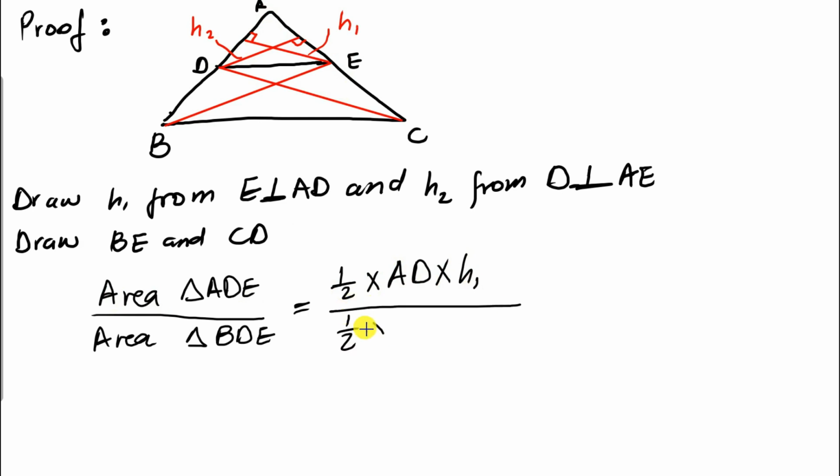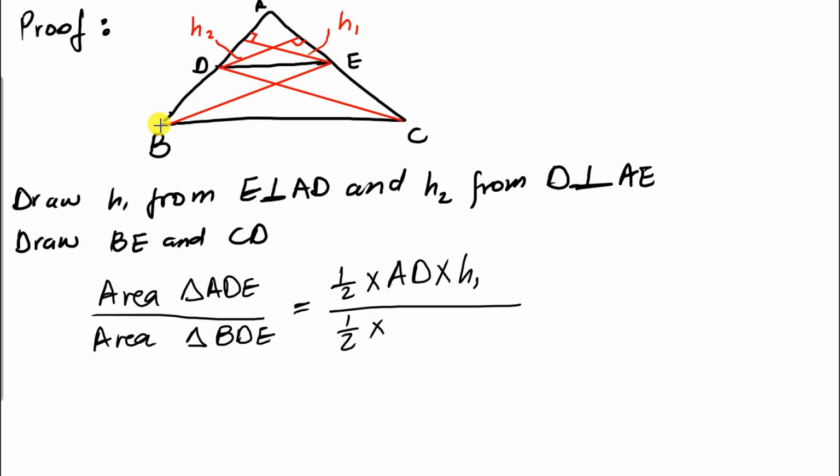Proceeding, triangle BDE. BDE is this triangle here. What is its base? Now, before that, I want you to remember we're looking at triangle ADE and triangle BDE. When you look at it, they share the vertex. Triangles that share a vertex have a common height. So if they have a common height, it means your perpendicular height will be here.